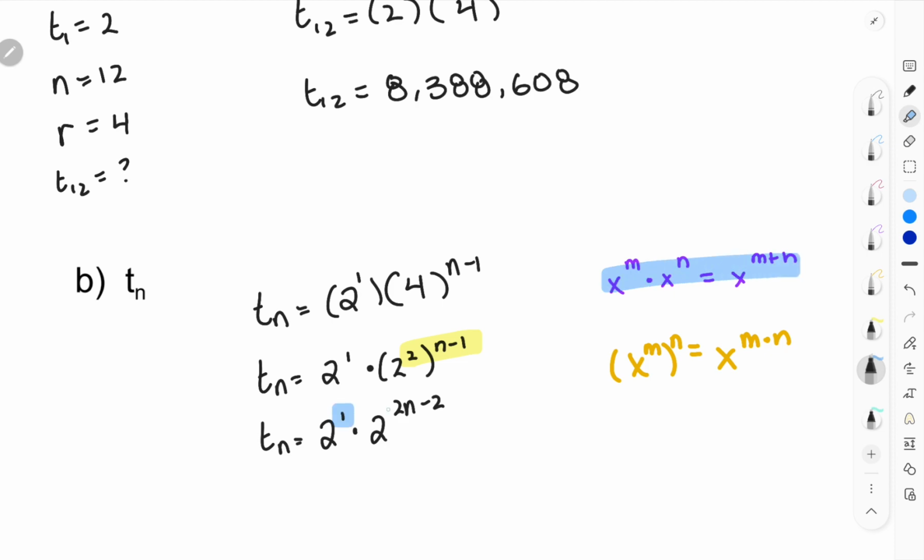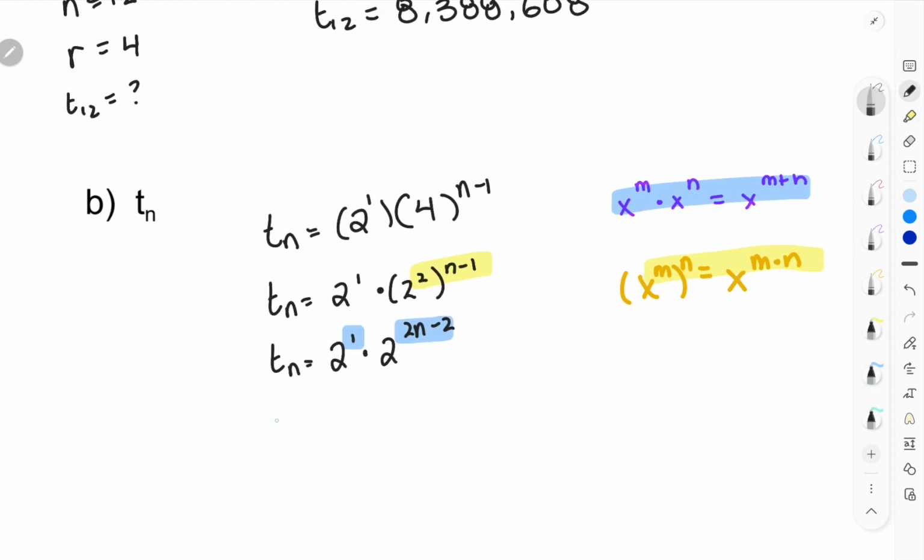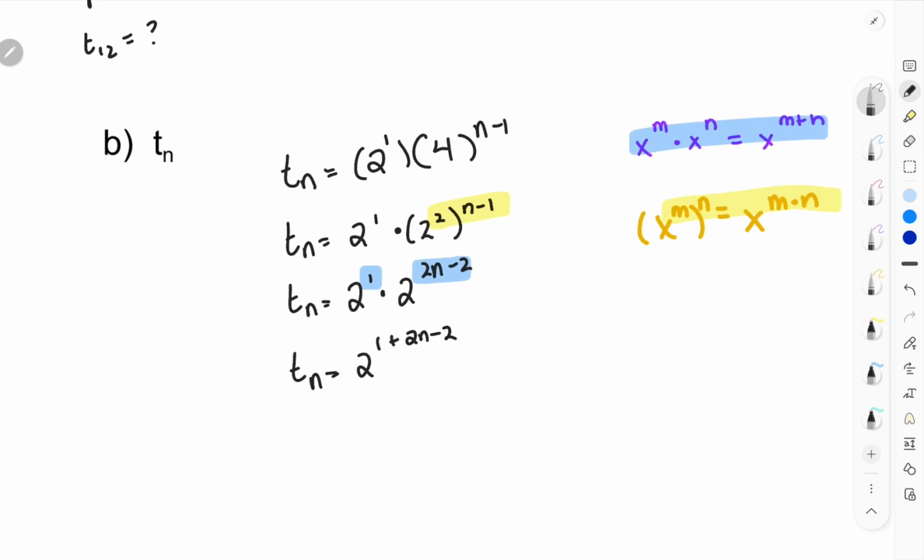And then now I can apply this rule with these. I have 2 to the power of 1 plus 2n minus 2. And so to simplify that fully, I have 2 to the power of 2n minus 1. And so that's a fully simplified equation, right?